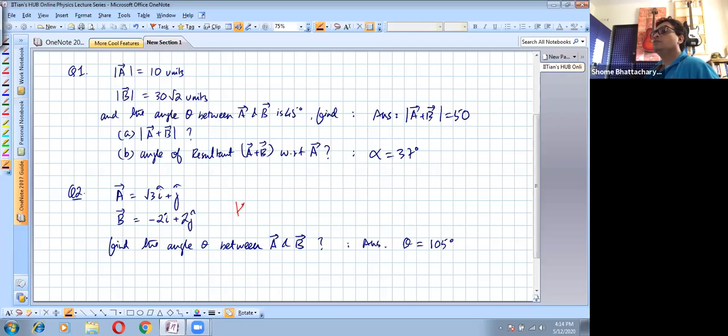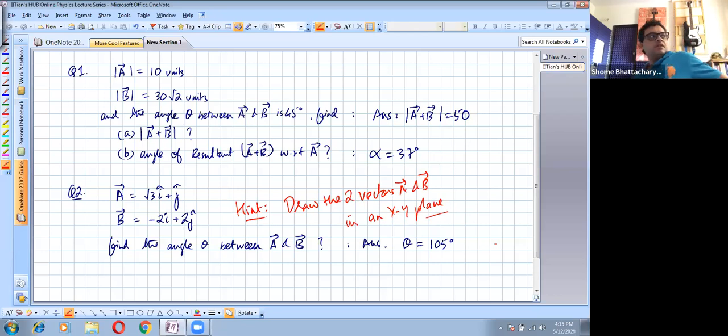So I'll give you the hint for the second part, all of you. Draw the two vectors, A and B, in an XY plane. The moment you draw it, you'll understand how to calculate the angle. Yeah, Archit, I will give the answers for each of the questions. Don't worry.